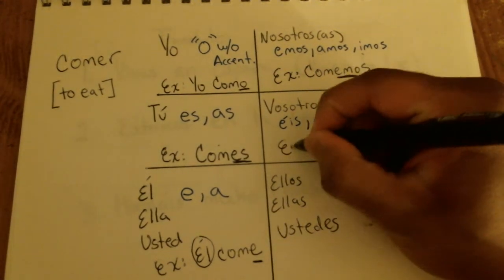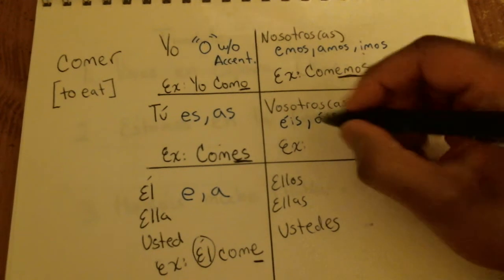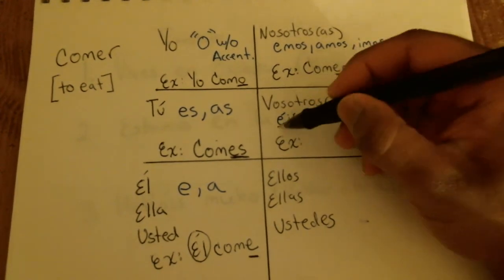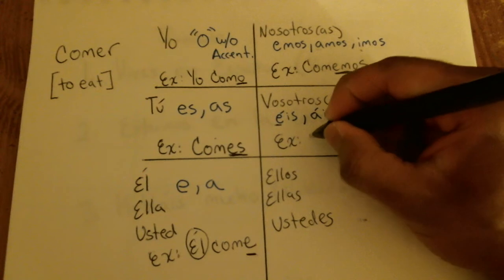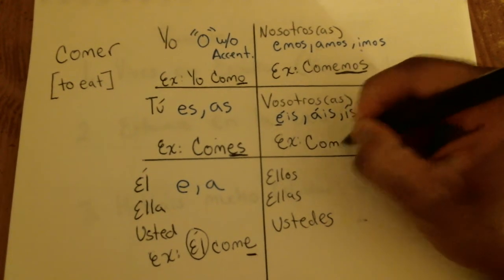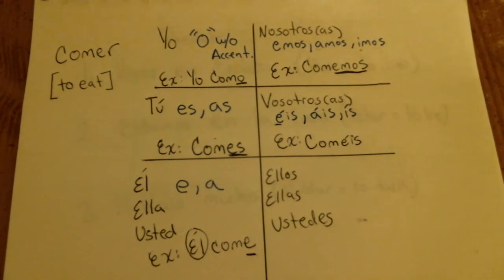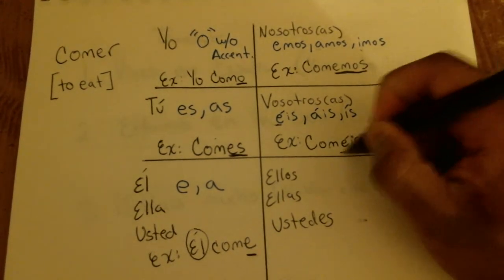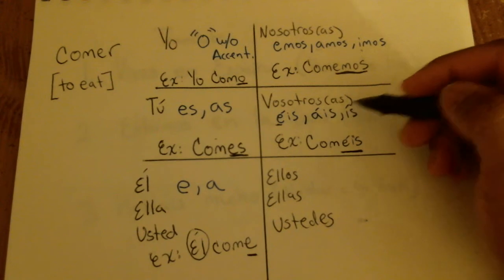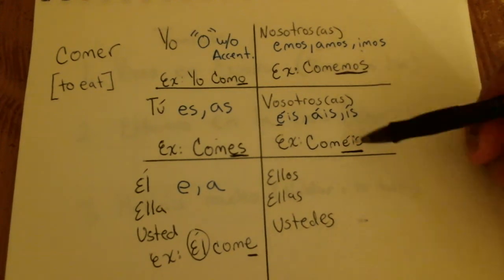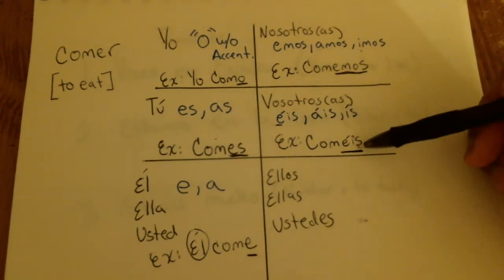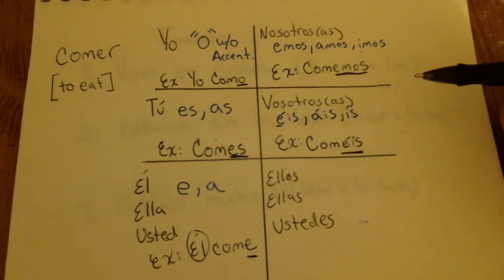Same verb, we're just going to go through. Because it's an ER verb, you would use the ending with the E here. You would say "coméis," okay? Notice how the éis ending, the áis ending, or the ís ending, notice how the ending, again, tells you who is doing the action. And I'm going to harp on this a lot. Look at the ending of the verb, and it will almost always tell you who's doing the action.